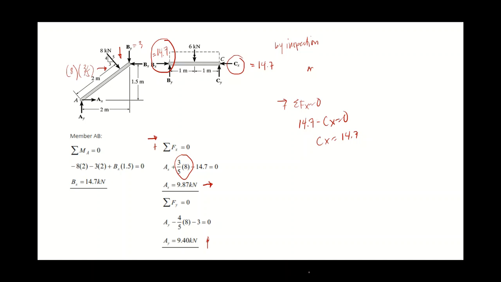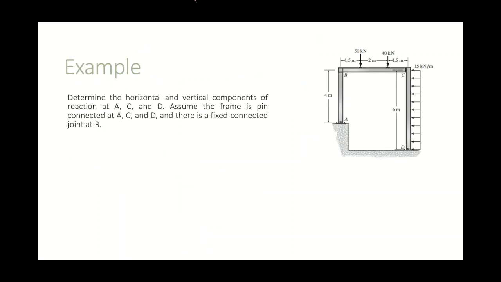Example number 1. Now, example number 2. And determine the horizontal and vertical components of the reaction A, C, and D. Then assume the frame is pin connected at A, C, and D. So, ulitin natin. This is pin support.